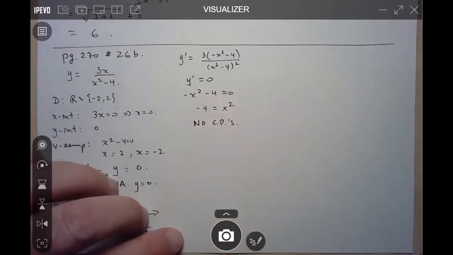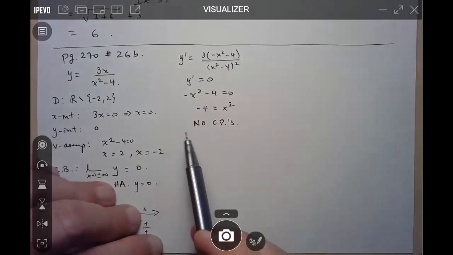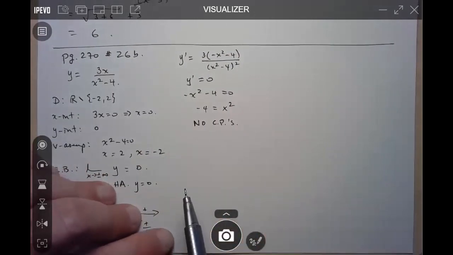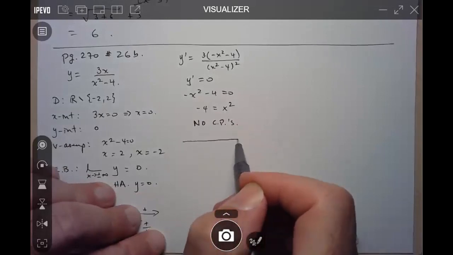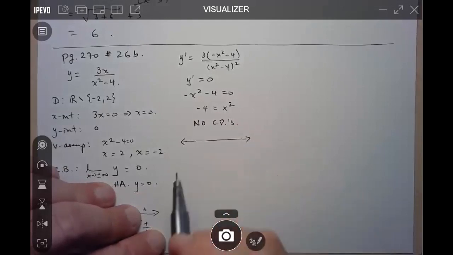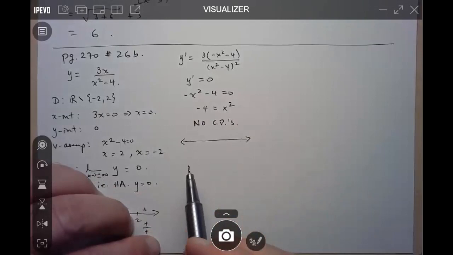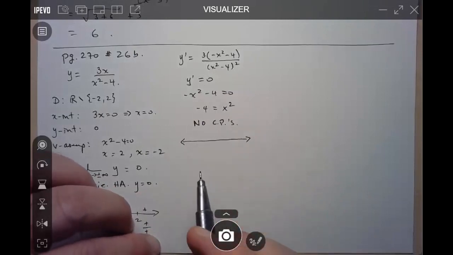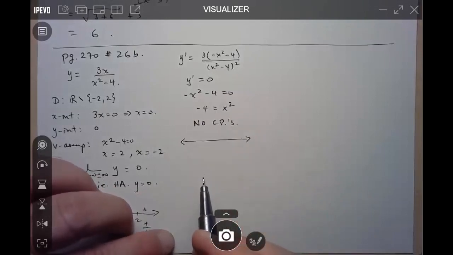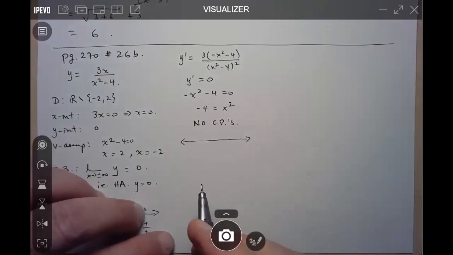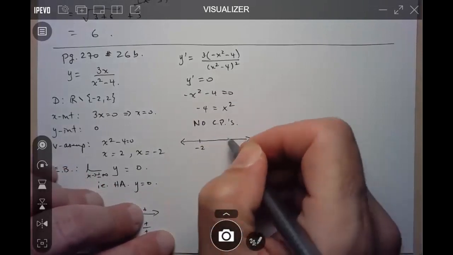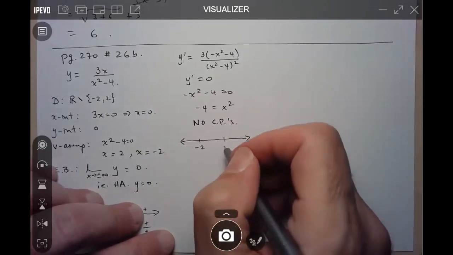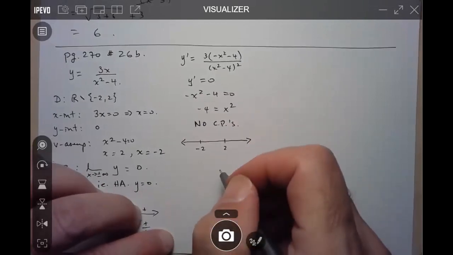Okay, so there's no direct information in terms of maxima or minima here, but I can still determine when the function is increasing or decreasing, because the sign of the first derivative tells me the increasing and decreasing behavior. So here, the only two places it can change sign are at -2 and 2.